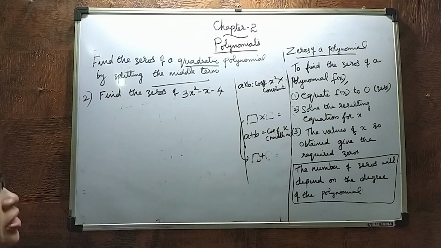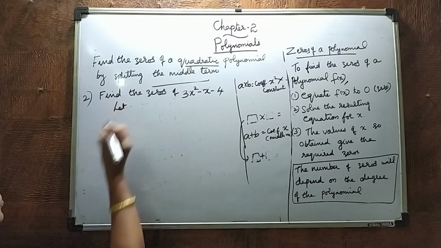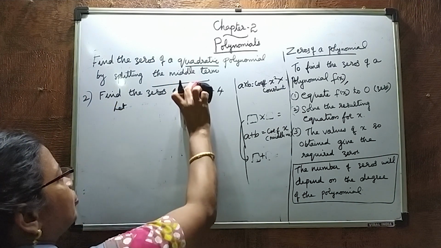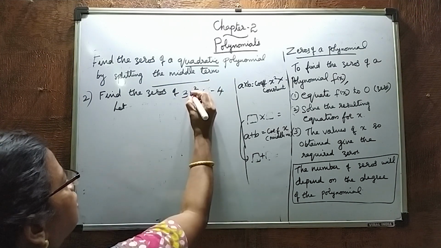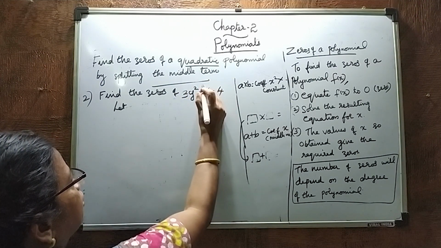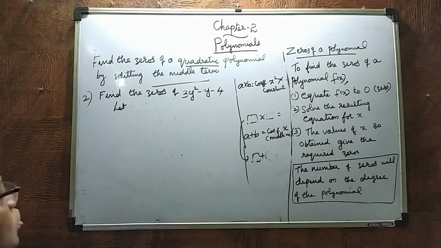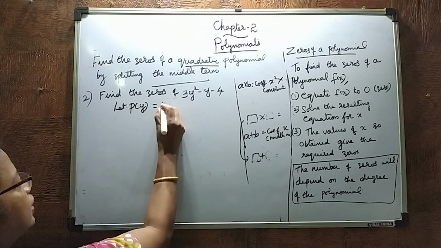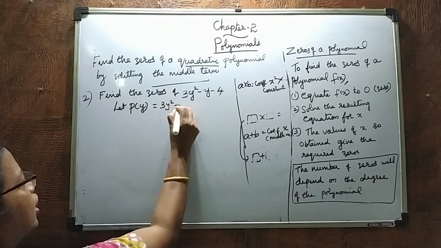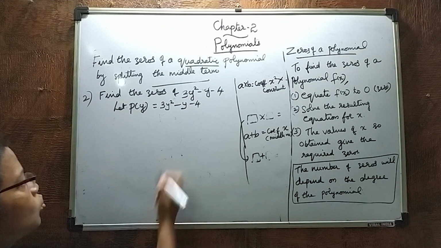So the first step is we'll take it as y, it will be better, I think. So p of y equals 3y square minus y minus 4.